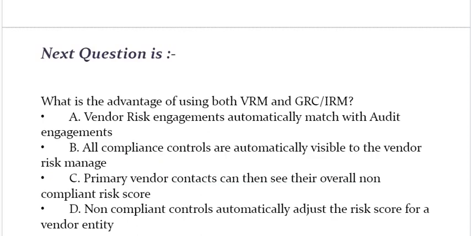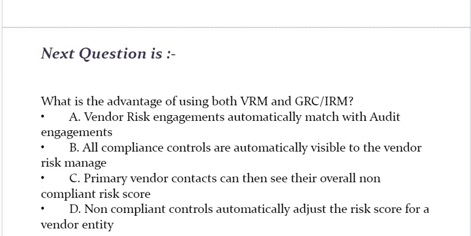Next question is, what is the advantage of using both VRM and GRC or IRM? Option A, vendor risk engagements automatically match with audit engagements. Option B, all compliance controls are automatically visible to the vendor risk manager.